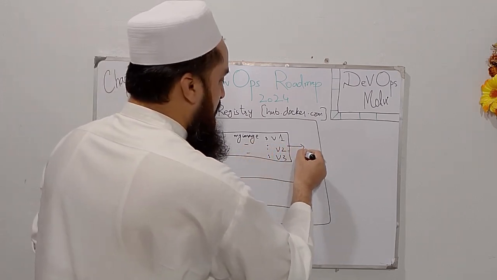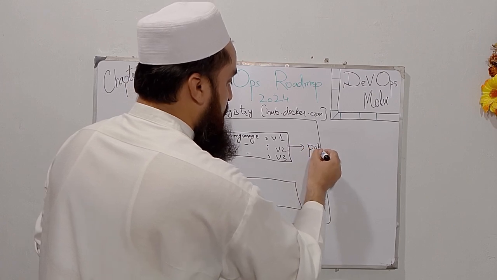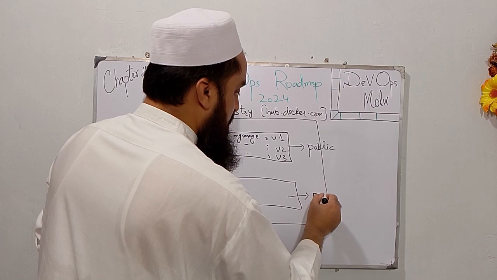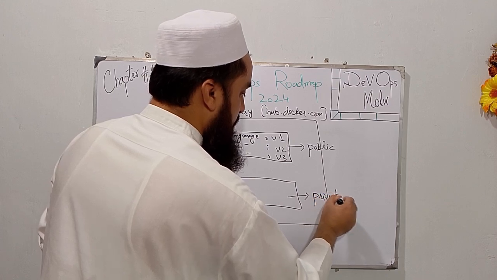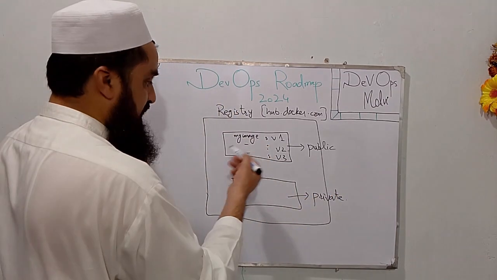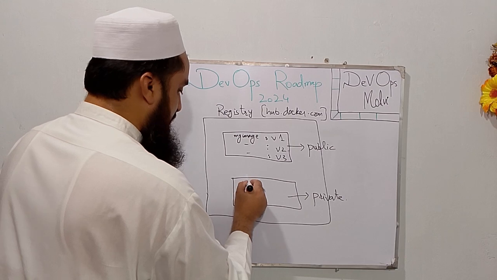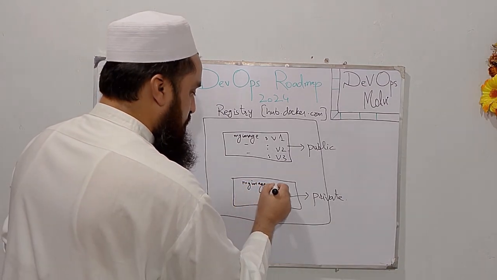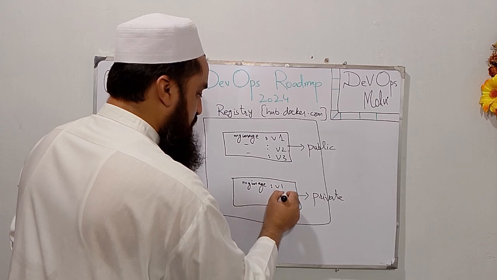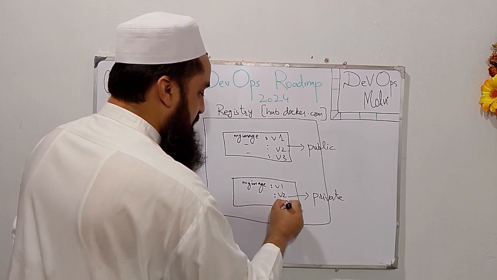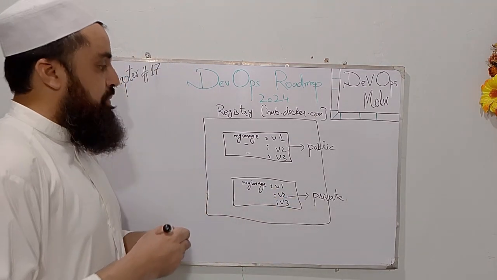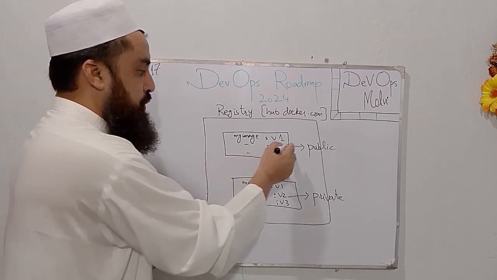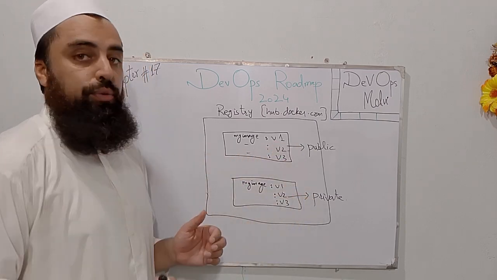Now this is a public repository and this is a private repository. And the same thing, it can be my image colon version 1, colon version 2, and that's how we tag the images using the docker tag command. And then we can push our images to the public and private repository.